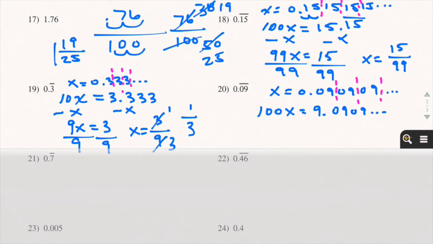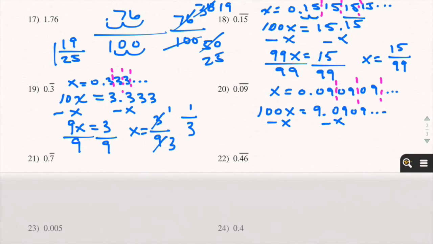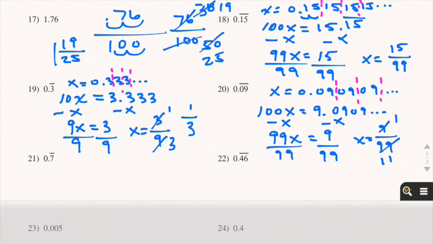Subtract x from both sides. 100x minus x is 99x equals 9.0909 minus 0.0909, which is just 9. Divide both sides by 99. We end up getting x equals 9 over 99. Reduce that, 1 and 11. So we end up getting, for number 20, 1 over 11.